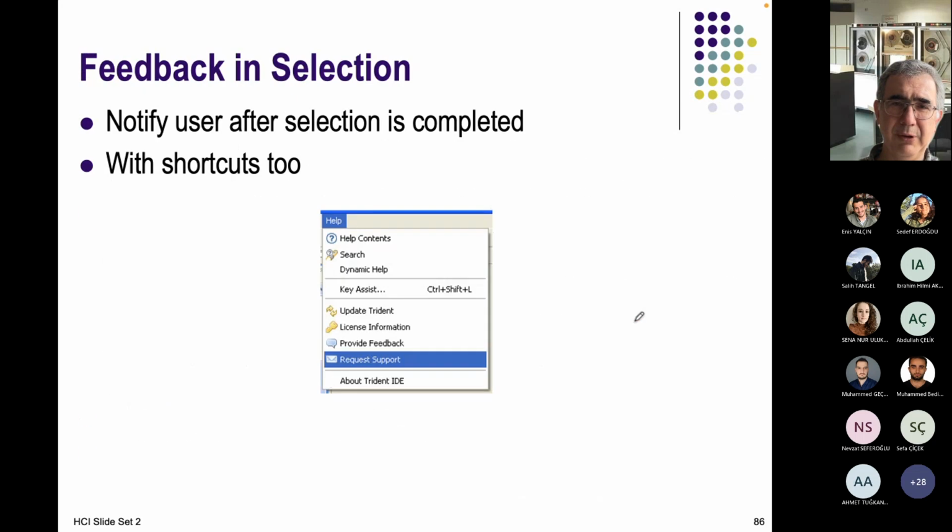Going back to the previous figure, this one, for example, key assist, 3 dots. These 3 dots mean there is a dialog coming if I do it. Other things are direct actions. There is no dialog for selecting additional things. So it's going to complete quickly.